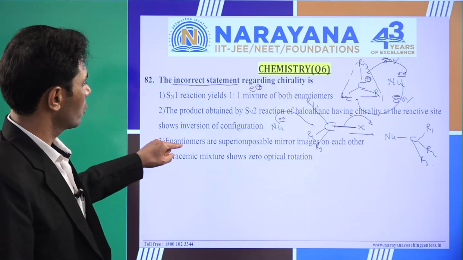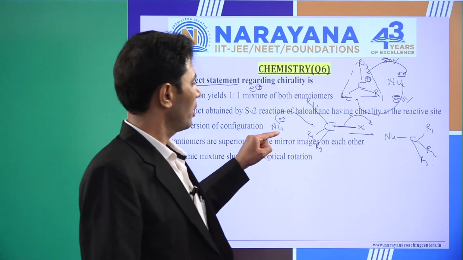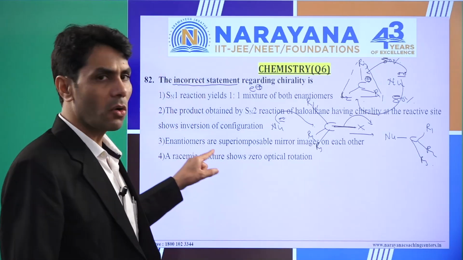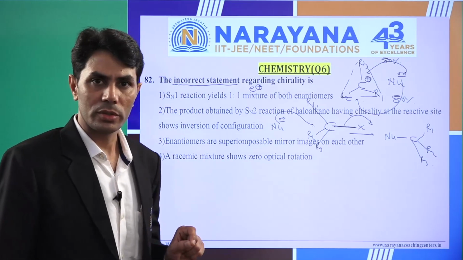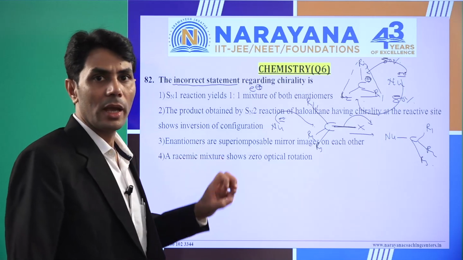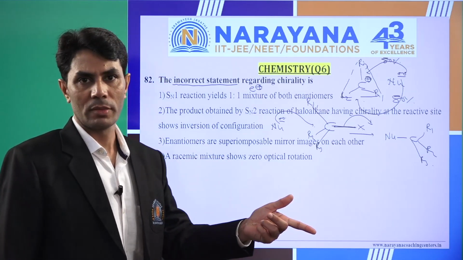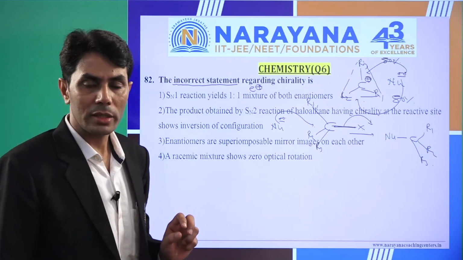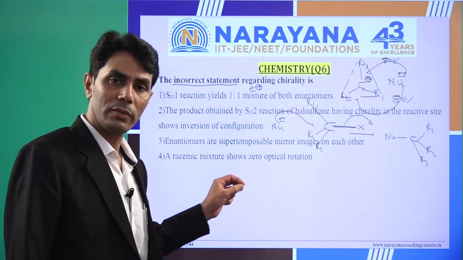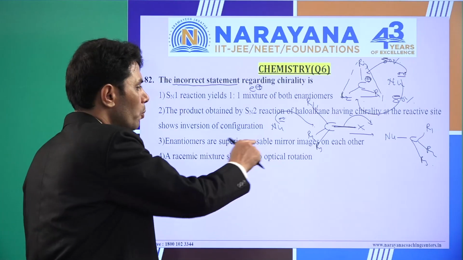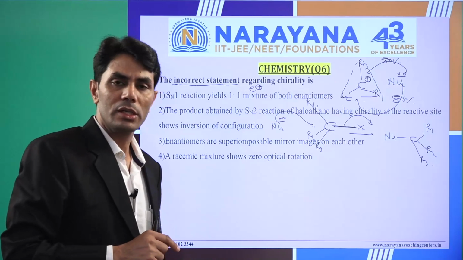Third one, enantiomers are superimposable mirror images of each other. No, enantiomers are optically active compounds which are non-superimposable on each other. What is the necessary condition for optical activity? Non-superimposability. Actually, these are non-superimposable mirror images of each other.